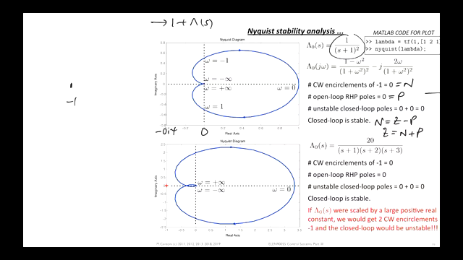And because we've got N equal to 0 and P equal to 0, we've got Z equal to 0. So this is telling you that when the open loop transfer function looks like this, and you close the loop around it, we will end up with a stable closed loop. Okay?